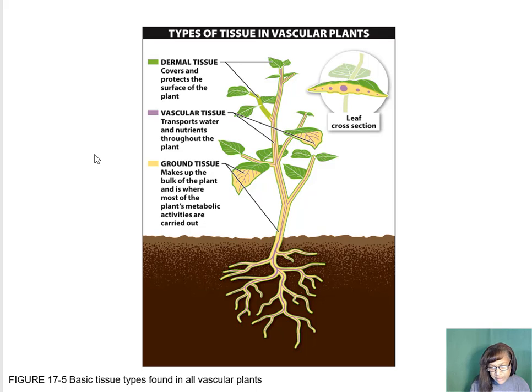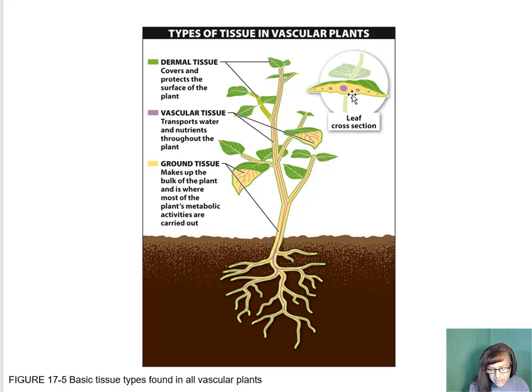And so when we take a look at a cross section of the leaf, we can see the three basic tissue types based on coloration here. And if you'll just follow my cursor, this hopefully will help you out if you have difficulty with seeing color. So in this greenish area, this is our dermal tissue, as you can see here.